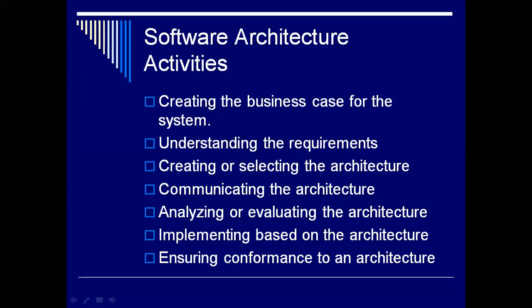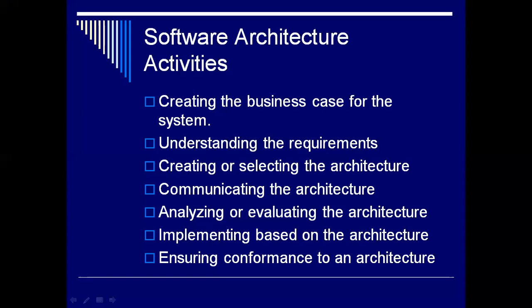So I repeat, the software architecture activities: first, creating a business cycle, then understanding the requirement, then creating or selecting the architecture, and communicating that architecture with different stakeholders. After communicating, evaluate that architecture.